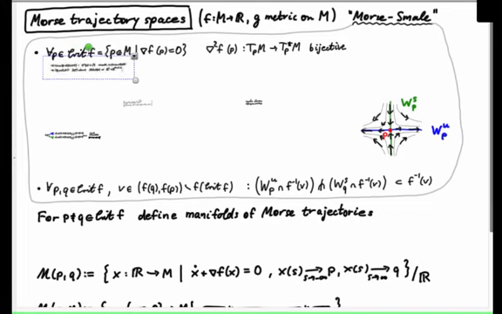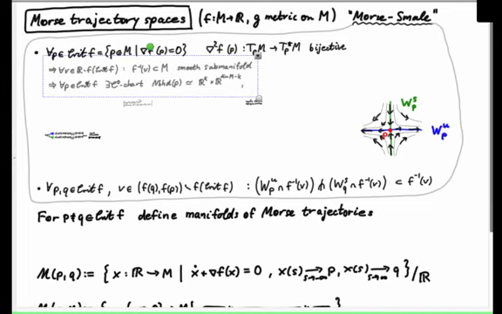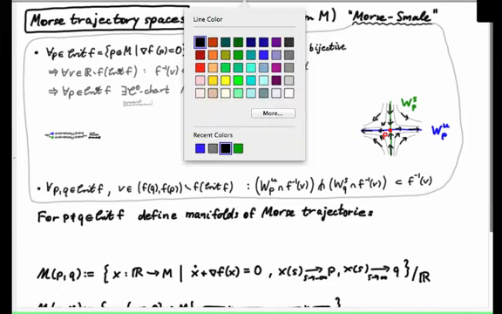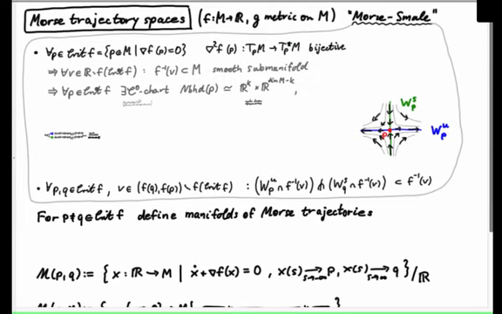First thing, I already said that if you have a non-critical value, the level set is going to be smooth. That's what we call the level set. And the second is the Morse lemma, which says that at every critical point you find a neighborhood that splits, in which the flow looks like this.